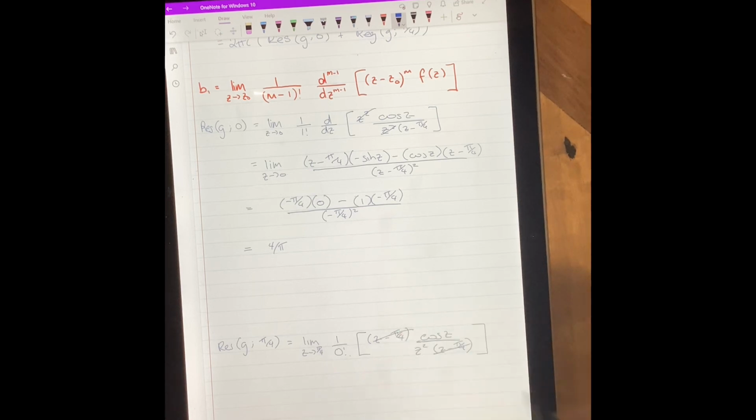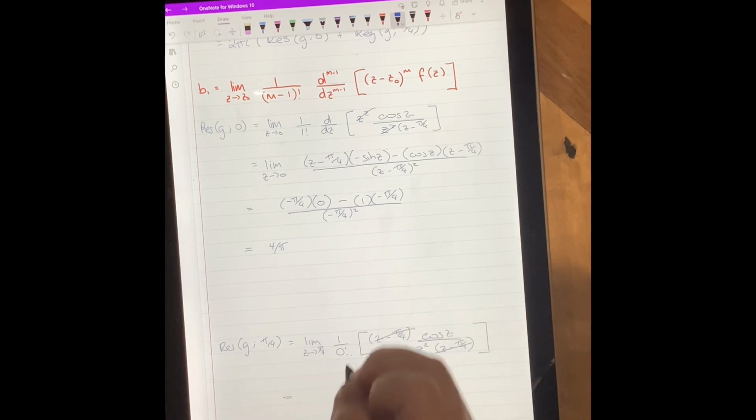Those two terms will cancel. Factorial of 0 is 1, so it's just the limit as z approaches pi on 4 of cos z over z squared. So we just substitute pi on 4 into this equation, and we end up with 8 root 2 on pi squared.